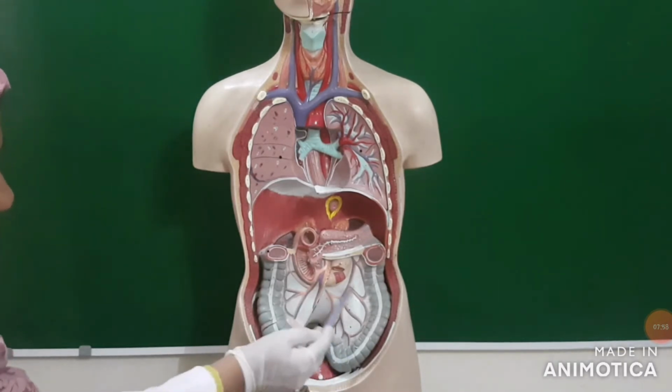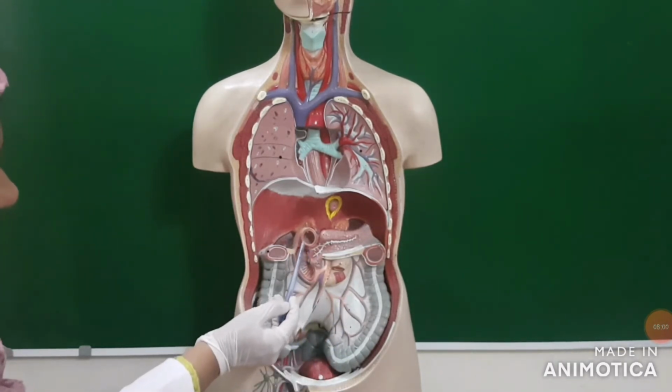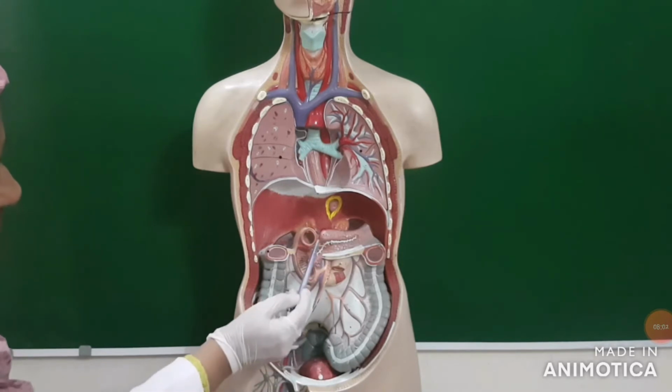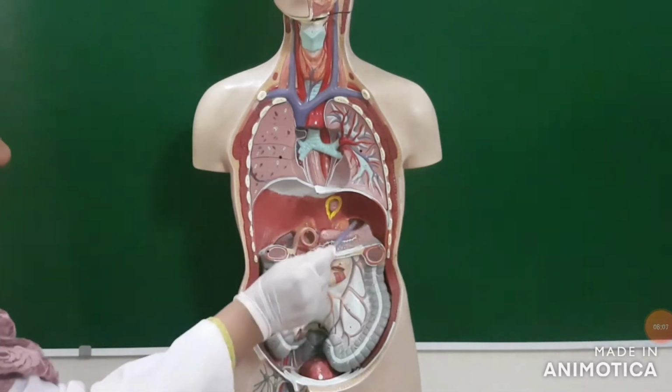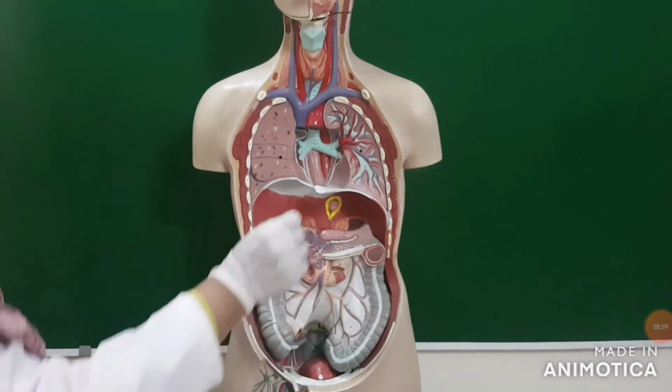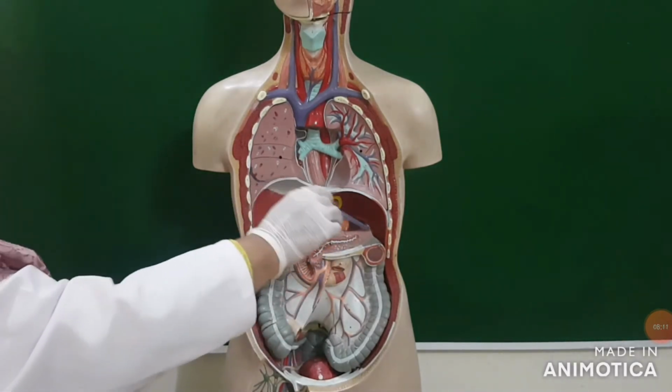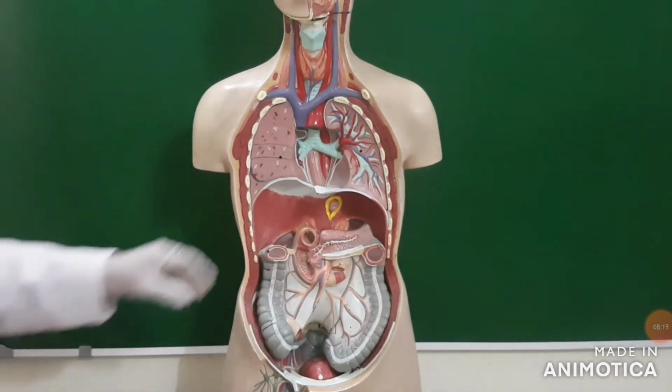This thing, light colored, is mesentery. This is duodenum, head of pancreas, body and tail of pancreas. This is pancreatic duct. These are splenic vessels.